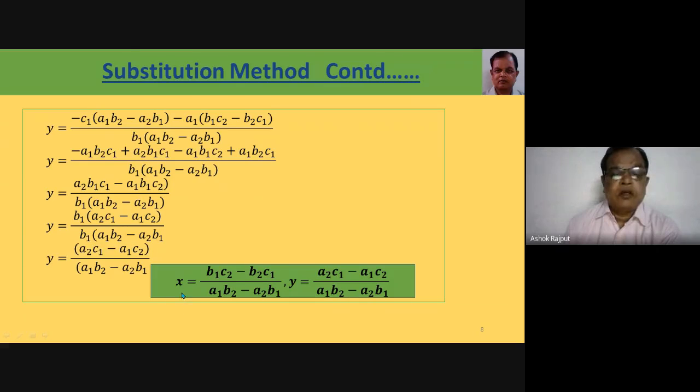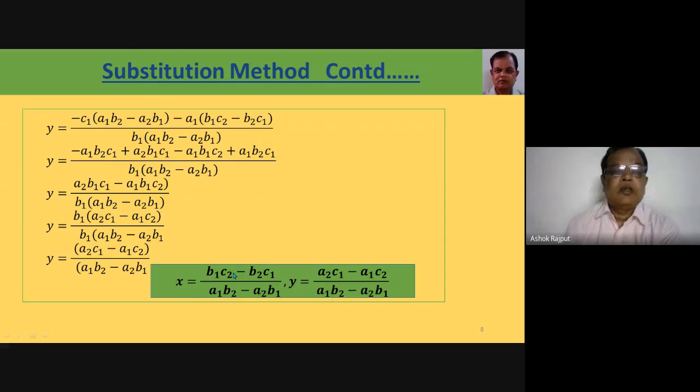So x equals b1 c2 minus b2 c1 upon a1 b2 minus a2 b1, and y equals a2 c1 minus a1 c2 upon a1 b2 minus a2 b1.